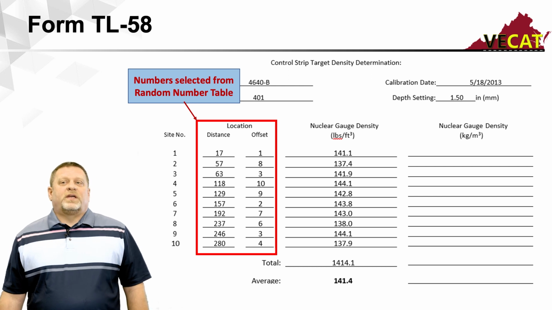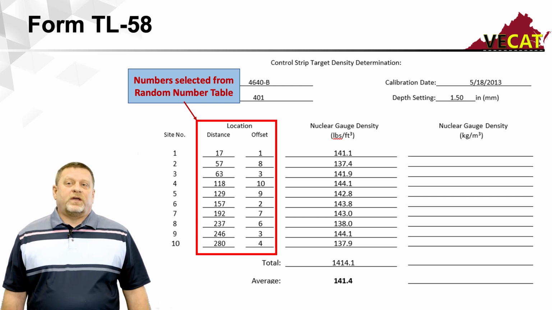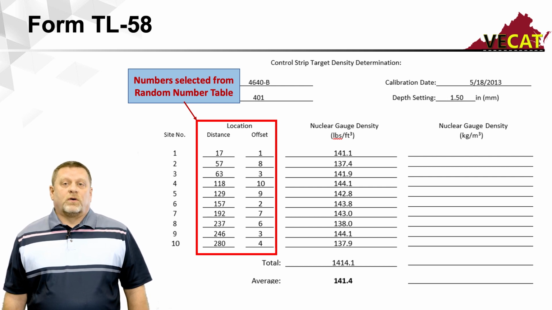For the exam, you'll be given the random number table. When you're working in the field, somebody will have handed you these random numbers, whether it be the inspector or whoever on the job site that will give you your test locations. So here it shows where you actually transfer these numbers to the actual TL58 form.